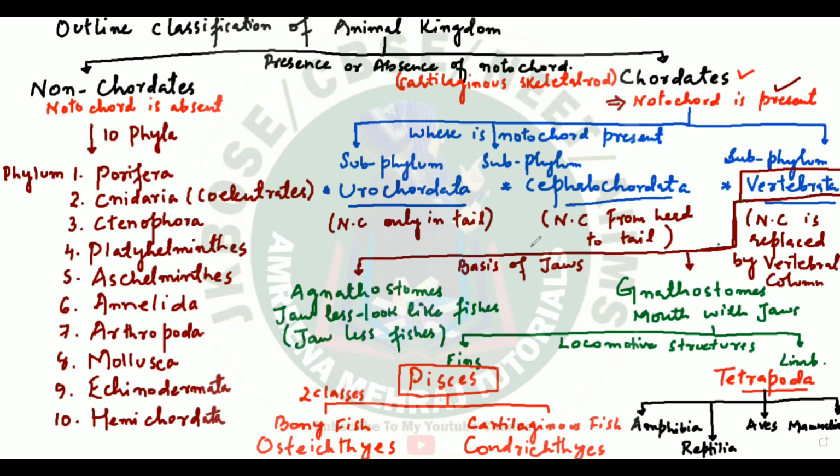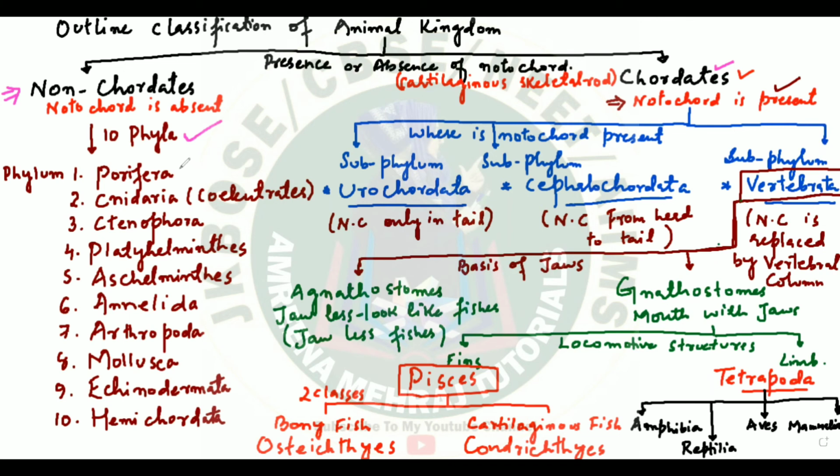So in this way, you now understood that the entire animal kingdom could be divided into two broader groups. One is the group of non-chordates, another is the group of chordates. Non-chordates do not have a notochord. Chordates do have a notochord. Let's talk about non-chordates first. We have divided non-chordates into how many phyla?